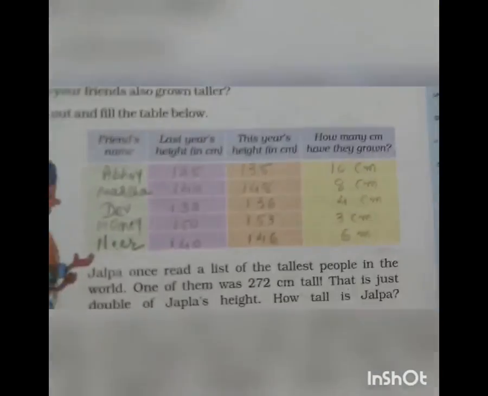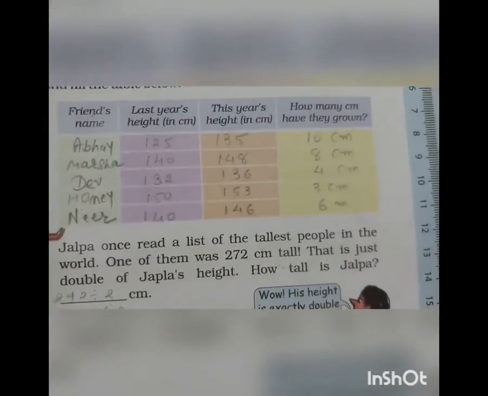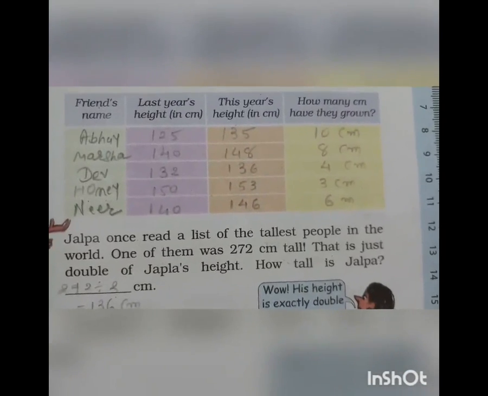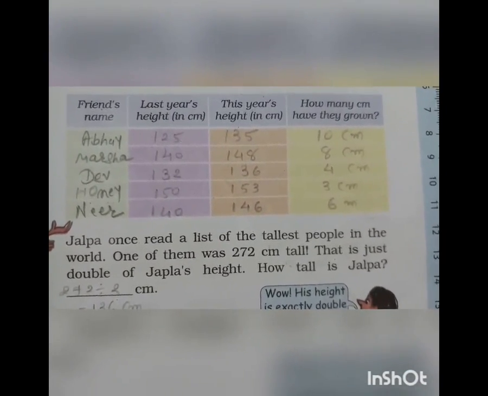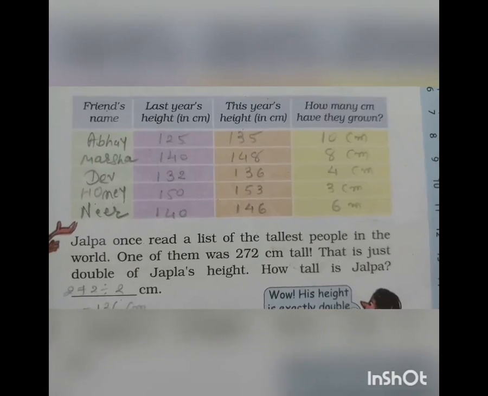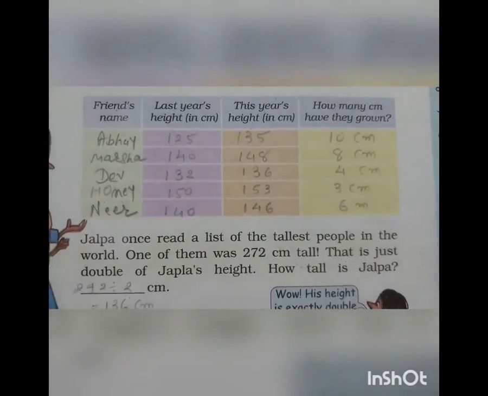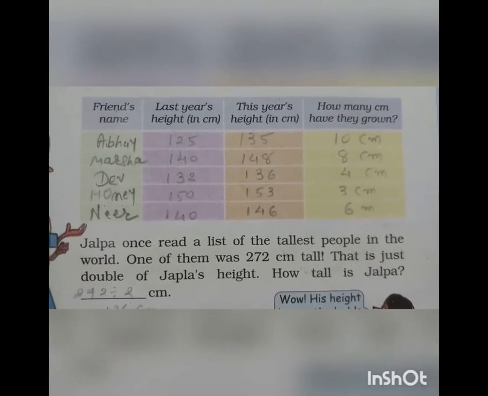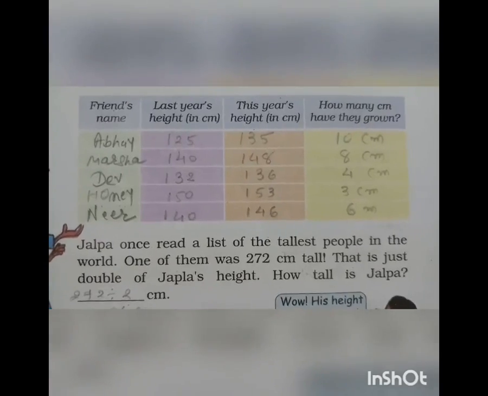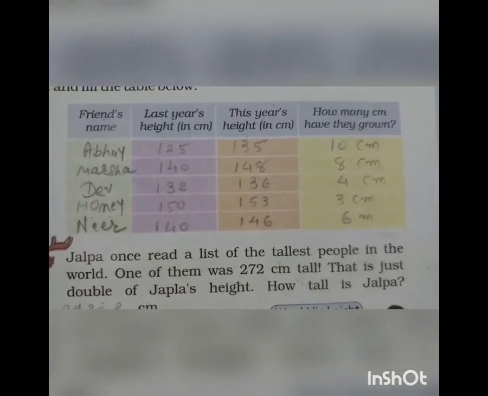Now, the table has your friend's name, last year's height, this year's height, and how many centimeter they have grown. See in this table, your friend's name is Abhay.